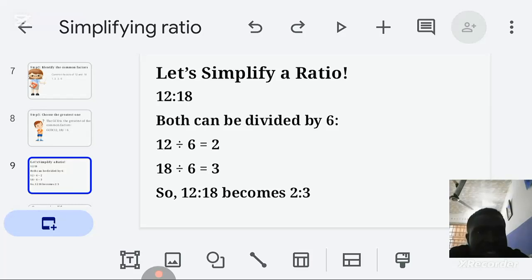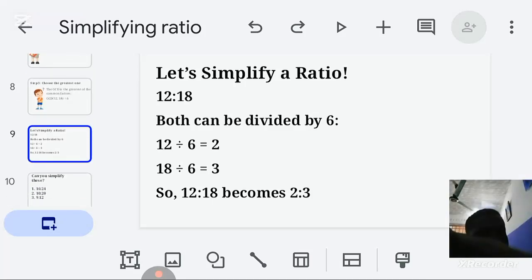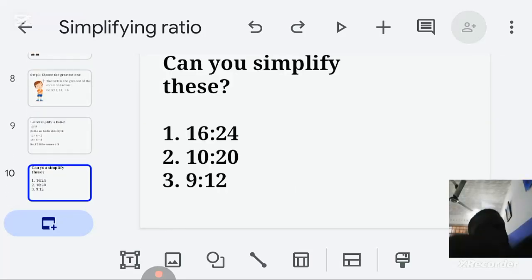Then 18 divided by 6 is 3. So 12 to 18 becomes 2 to 3. Now what have you done? It means that you have simplified.